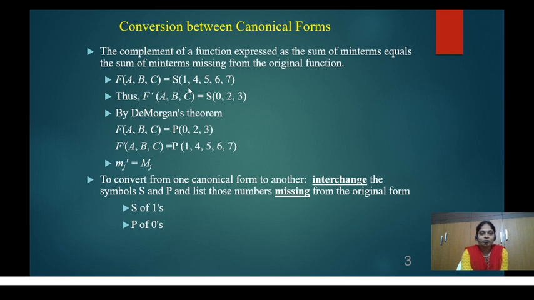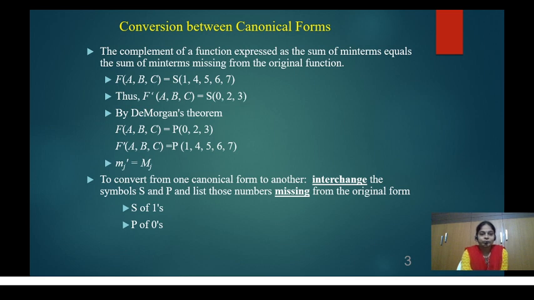These are the sum of minterms, and to get the complement, f complement of a, b, c is equal to the remaining numbers, the missing numbers here, 0, 2, 3. That is sigma of 0, 2, 3 is the complement of the function.